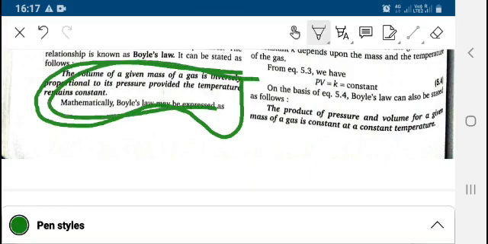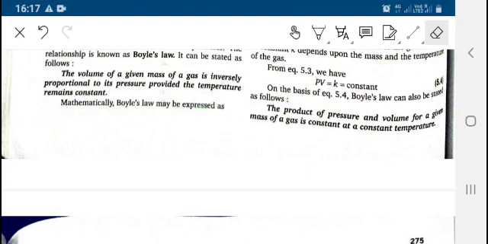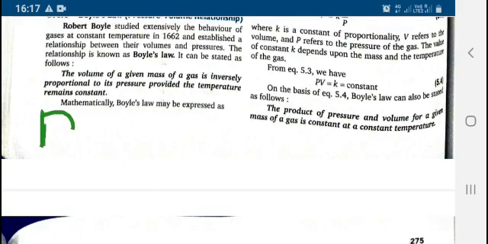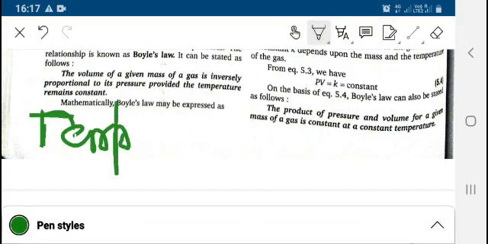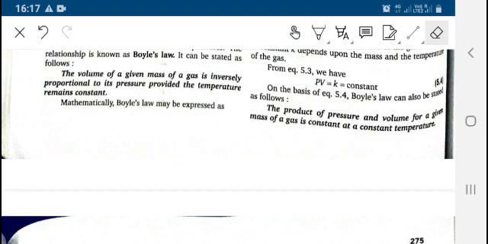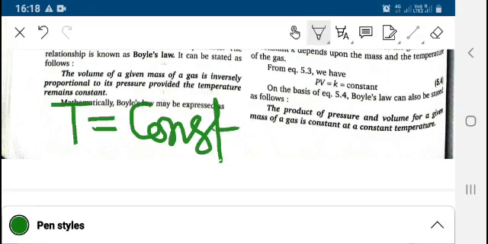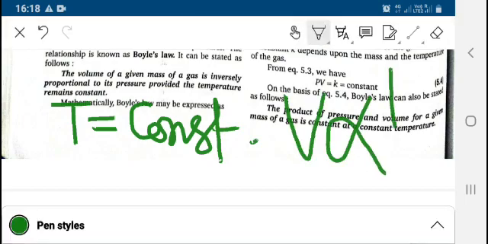You can see it in this way. Boyle's law states that keeping the temperature constant, or you can write in short form, if temperature is equal to constant, then the volume of a given mass of a gas is inversely proportional to pressure.